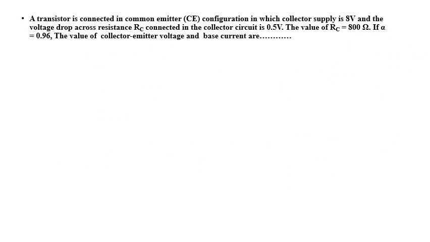Now a transistor is connected in common emitter configuration in which the collector supply voltage is 8 volt and the voltage drop across the resistance RC connected in the collector circuit is 0.5 volt. The value of RC is given and alpha is given. Find the value of the collector emitter voltage and the base current. So let us draw the circuit diagram once again.